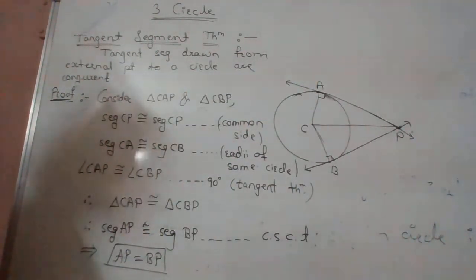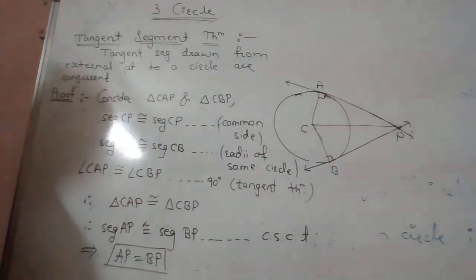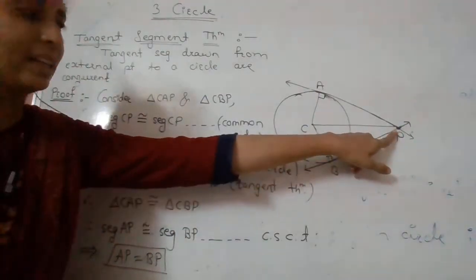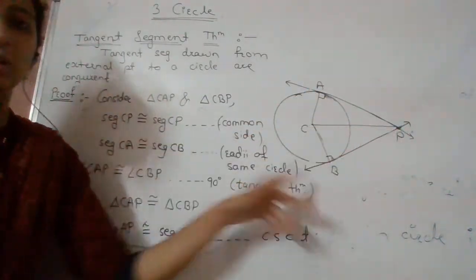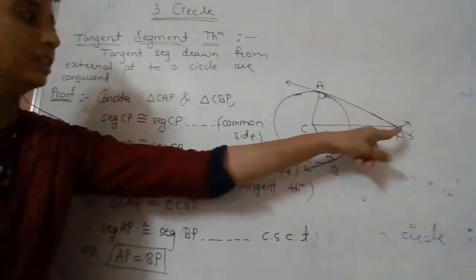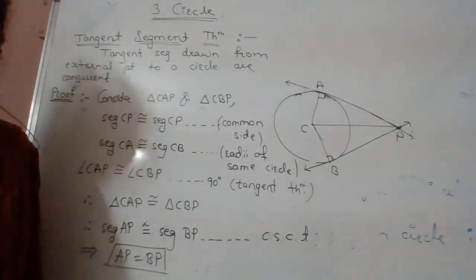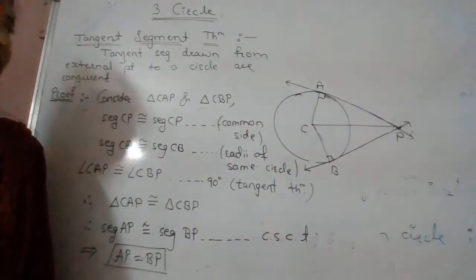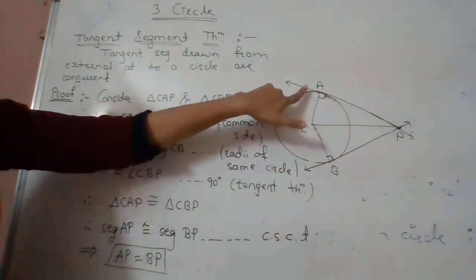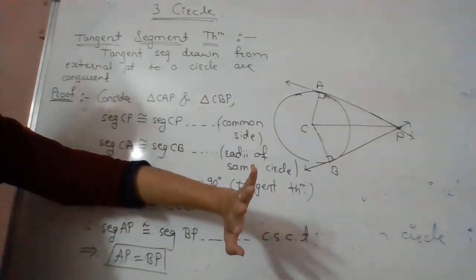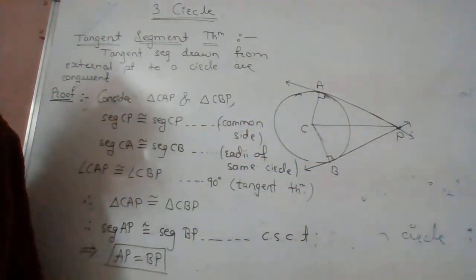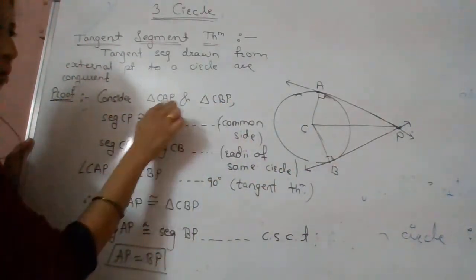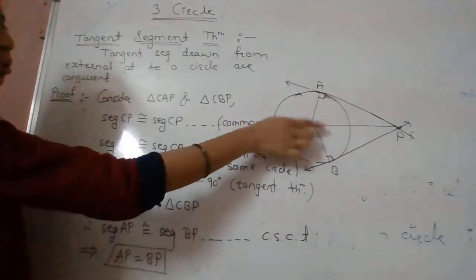So I am repeating this one more time for you. We are given one circle, and from an external point two tangents are drawn. We have to show that these two tangents are congruent. We joined the center and the external point, then drew the radii to the tangents. According to the tangent theorem, the radii are perpendicular to both tangents. Then we consider the two triangles formed and show they are congruent.